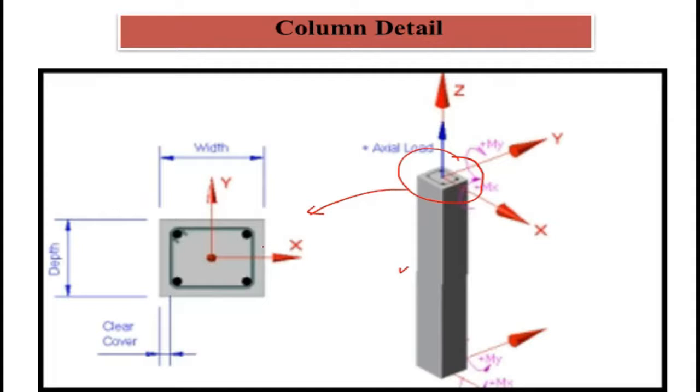For sketching cross section, you just draw the square shape and label the width and also the depth of the column. As you can see, the black ones are four main bars, four reinforcement bars, four rebar. Minimum bar for column is four. Paling sikit rebar untuk column mesti ada empat.